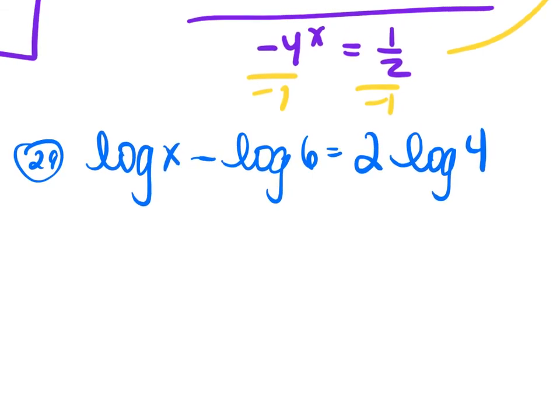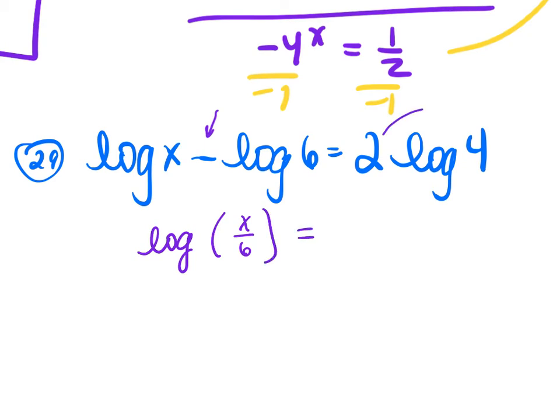All right, in this problem here, I have all log base 10, but I want to have one log on one side and one on the other, so I'm going to condense. I'm going to rewrite this as log. Since it's subtraction, it's going to become division. So I say x divided by 6 equals, I'm going to move this 2 back as an exponent since we're condensing, and I have log 4 squared.